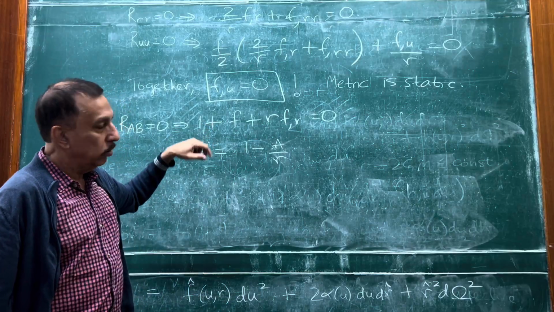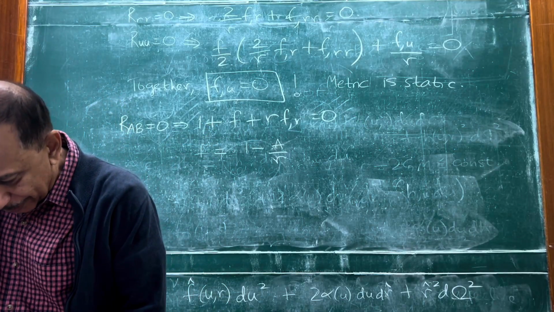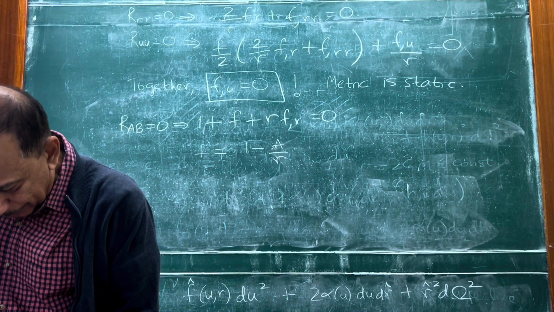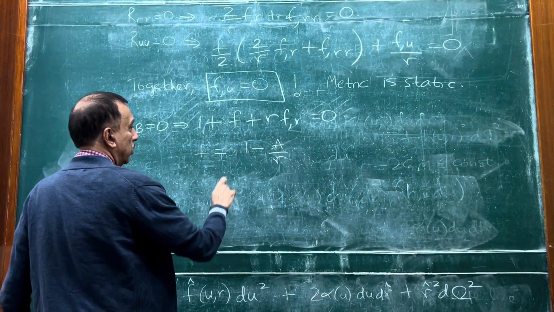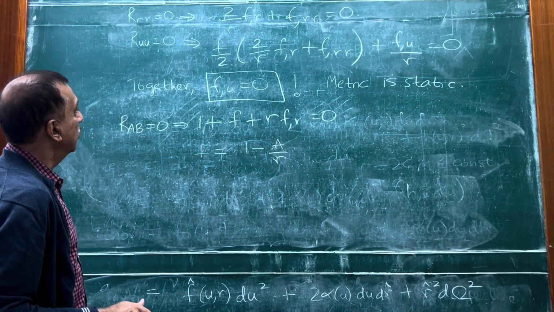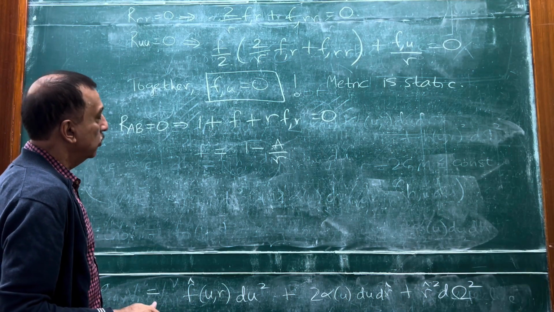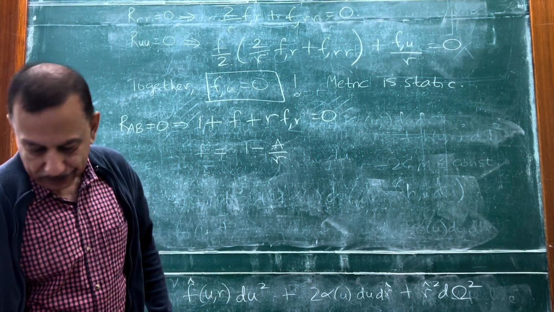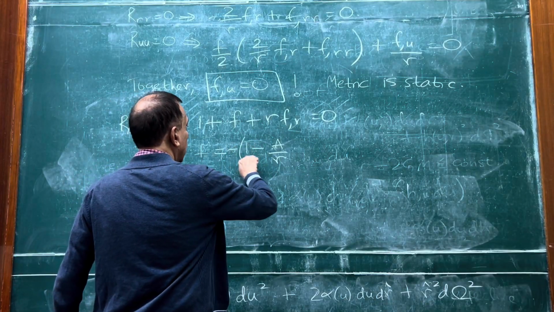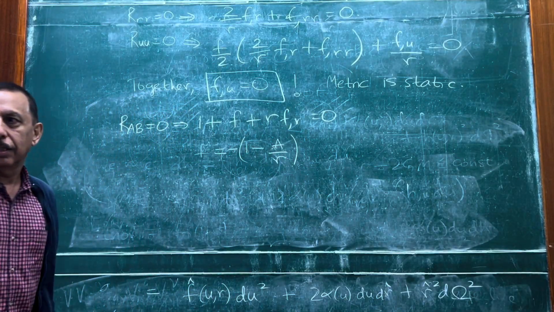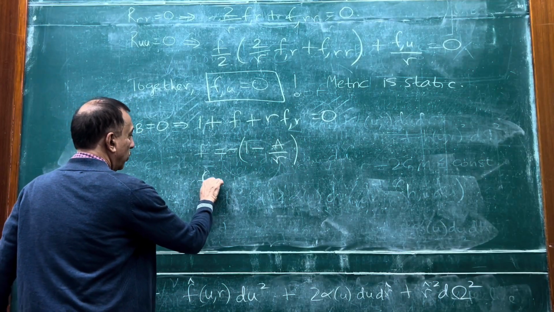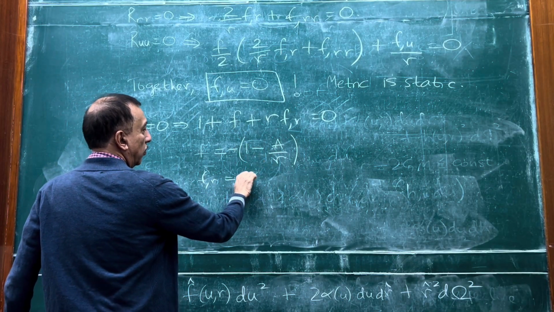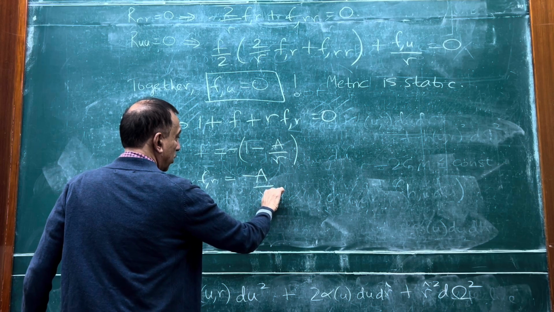One. No, I'm just worried whether I've got my ones right. It's a bit of a nightmare. Let's check. So I claim the solution is f equals 1 minus a by r. Actually, I think I've just written it wrong. It should be plus a by r, because let's just check: f comma r is equal to minus a by r squared.